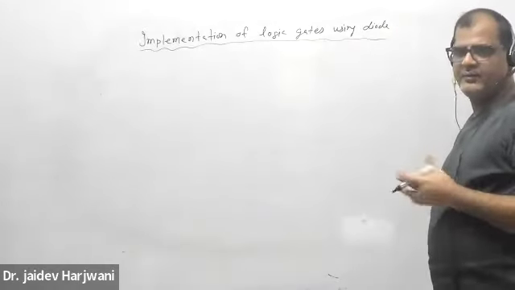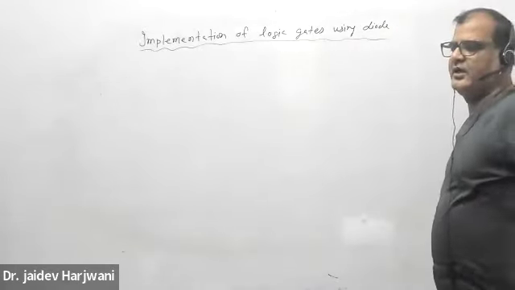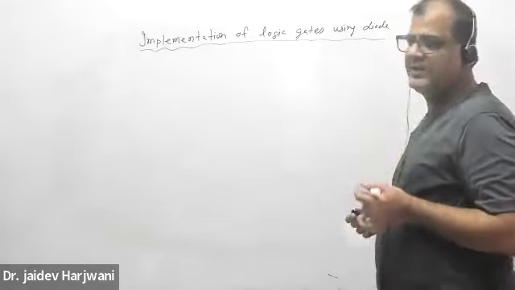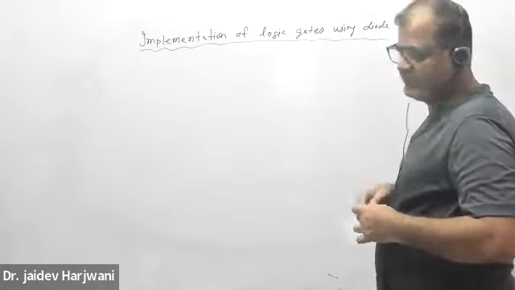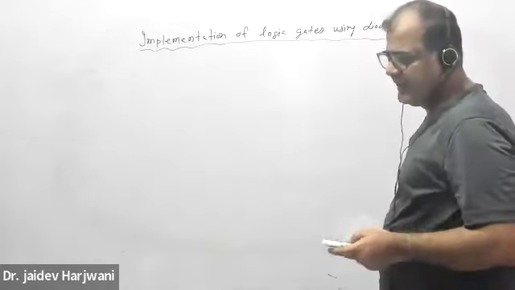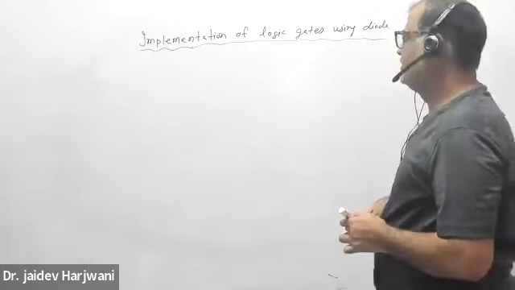A couple of gates like OR gate and AND gate we can easily implement using diodes. The remaining ones we require transistors for. So here we'll only see how we can implement an AND gate and OR gate using diode.